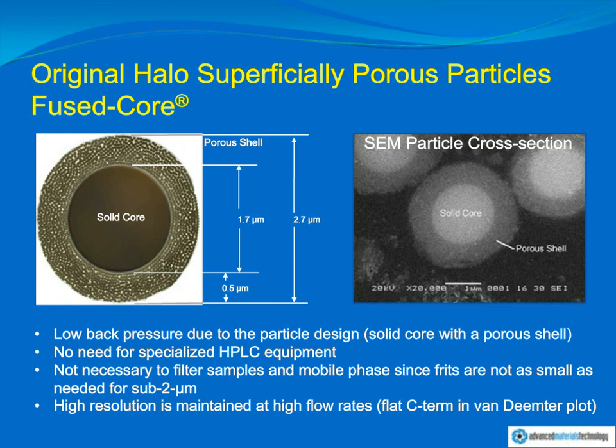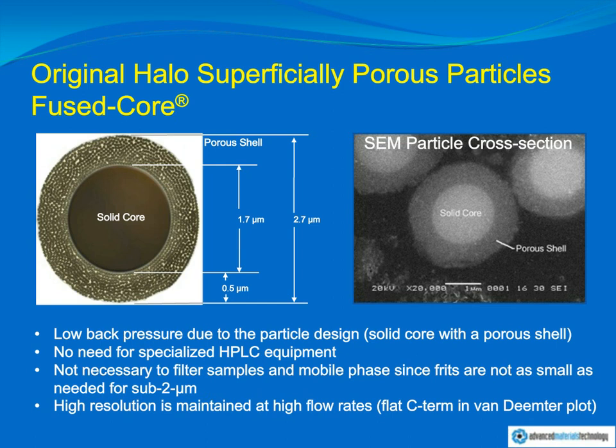Because these are relatively larger particles compared to sub-2 micron particles, there are a number of practical advantages, including the fact that the bed itself is more permeable. That, of course, improves the column back pressure, but it also means that there is less demand in terms of eliminating small particulate contaminants that could plug the column.